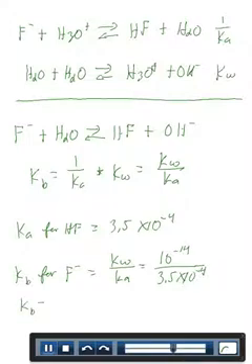So this is equal to 2.9 times 10 to the minus 11th. This is much smaller than the Ka. So this reaction proceeds to a much lesser extent for F- than it does for HF.